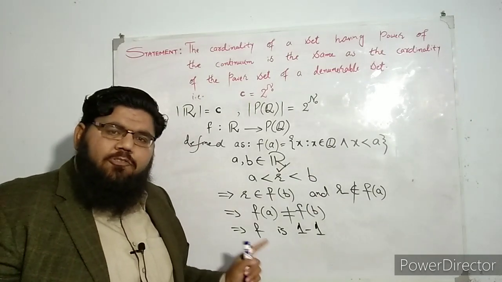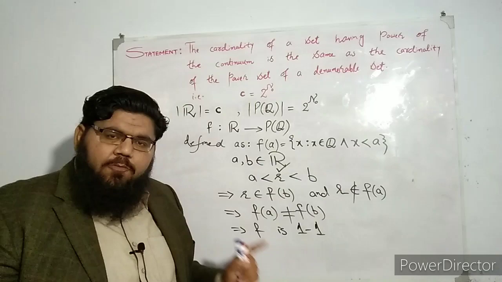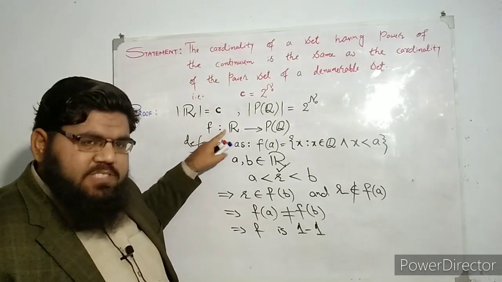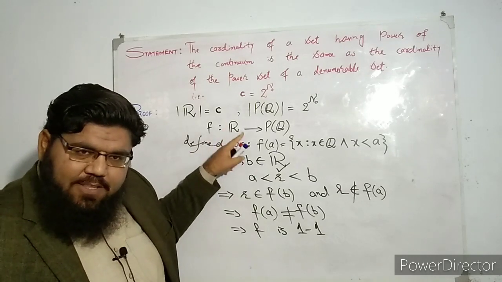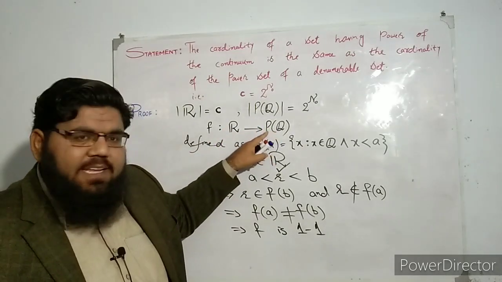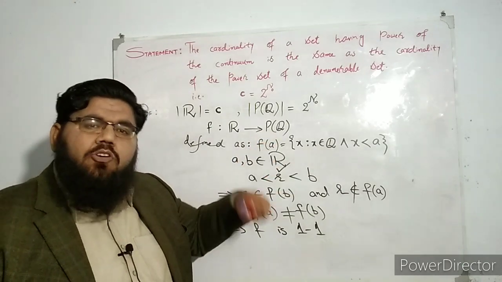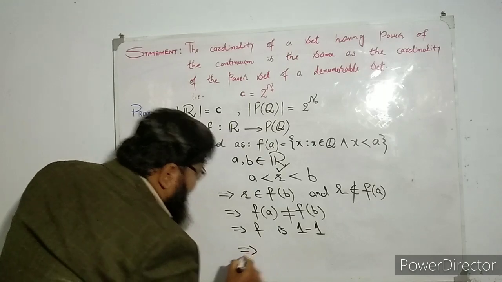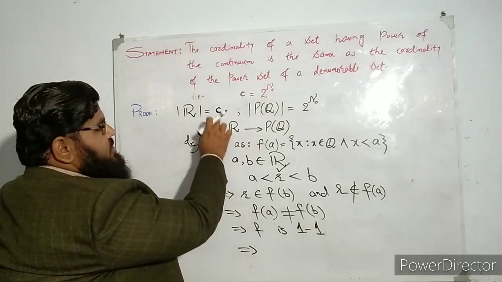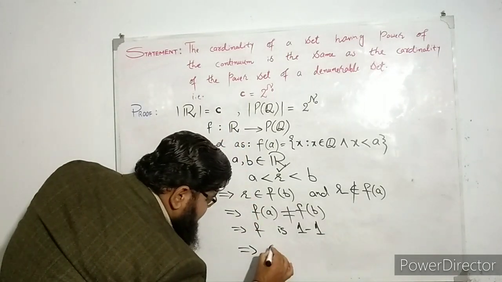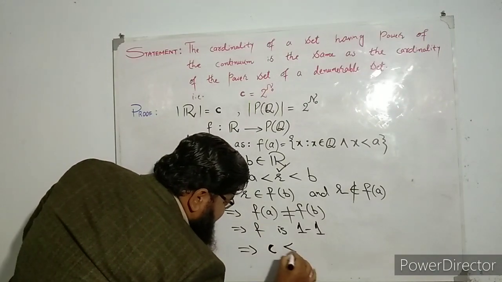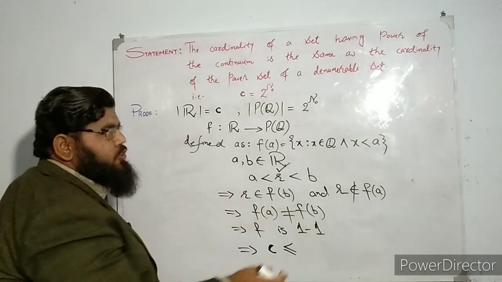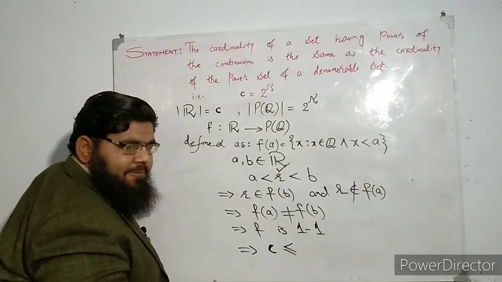If this is a one-to-one function, then the cardinality of the input set will be less than or equal to the cardinality of the output set, or codomain. So we conclude that the cardinality of R, which I have mentioned as C, is less than or equal to the cardinality of the power set of Q, which is 2 to the power alpha naught.